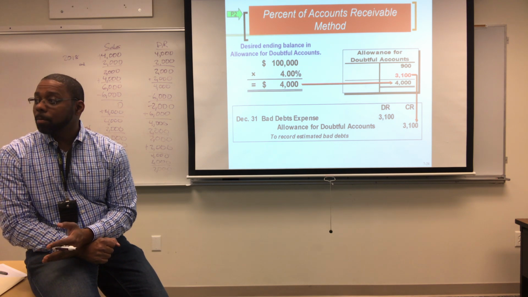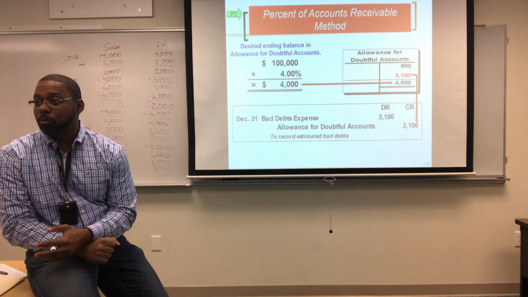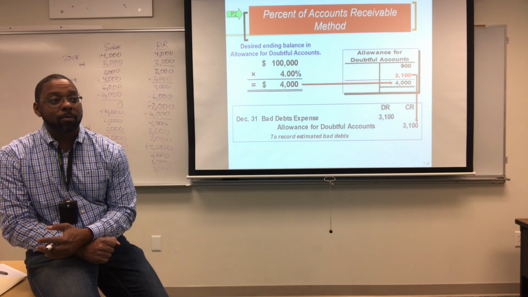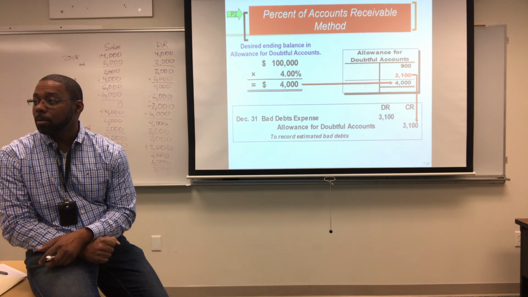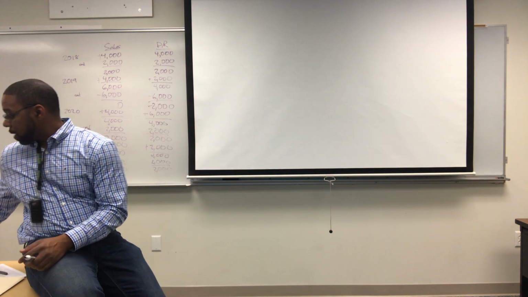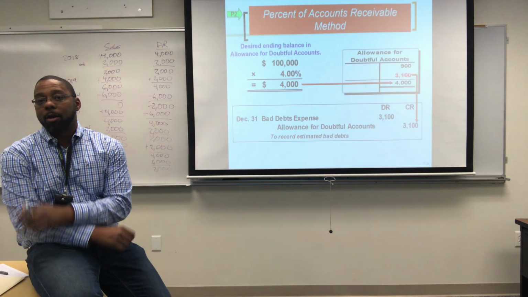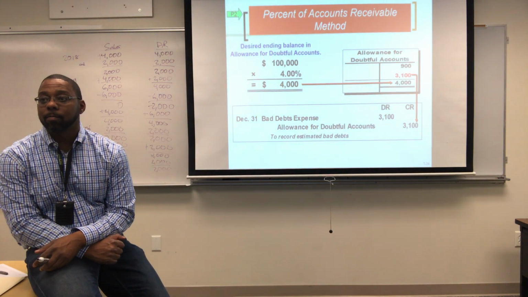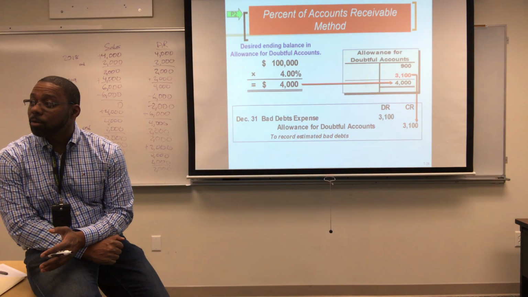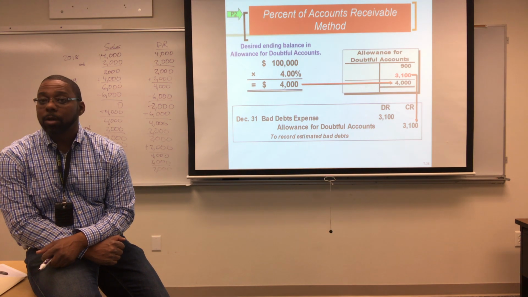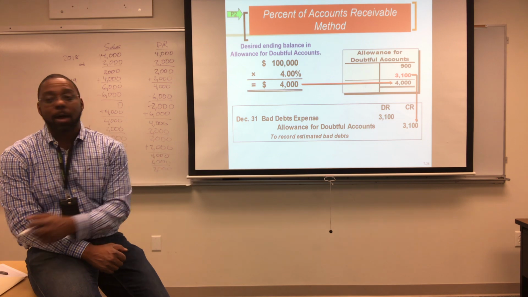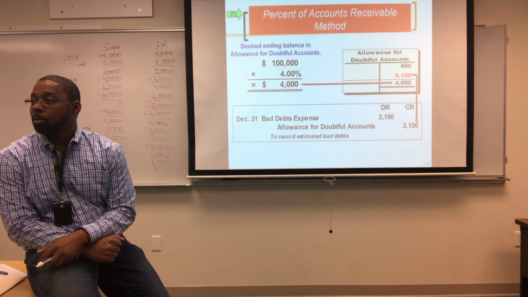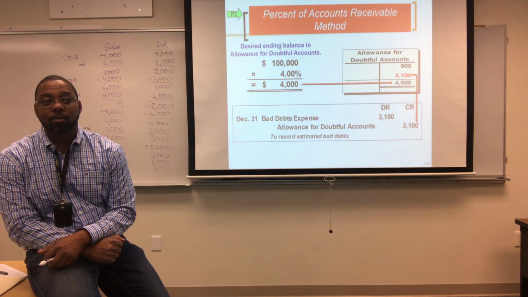But what you'll go to the board with, you'll say, look, they have lower risk, which means we have found that they have higher credit worthiness. With that high credit worthiness, we don't have to have such a high allowance for bad debt. We don't have to set aside so much money.